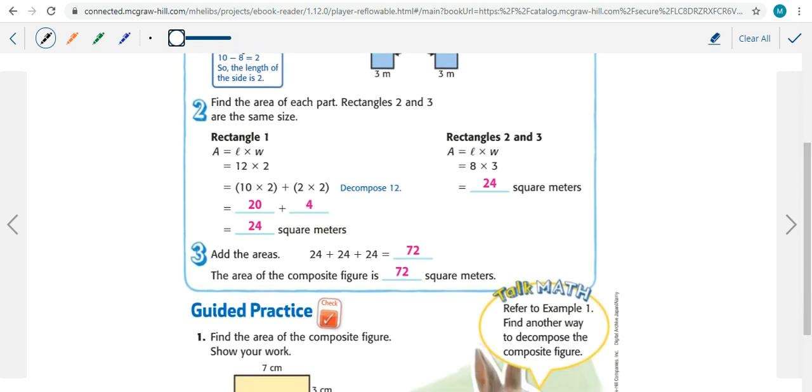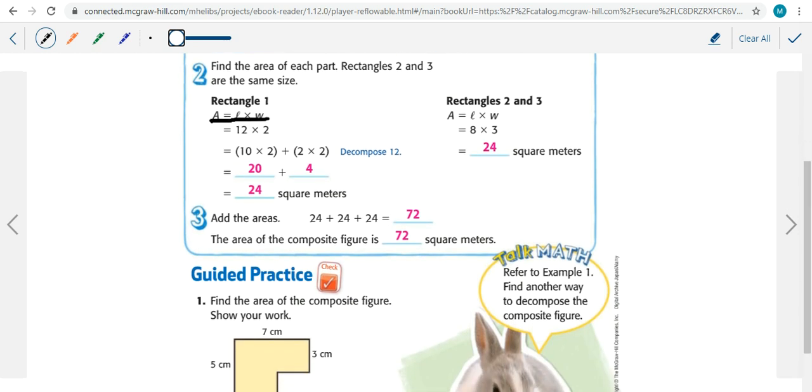So let's see. Remember, this is very important. Area is equal to length times width. The area of the first rectangle is 12 times 2. By using the distributive property, we are going to decompose 12 as 10 and 2.